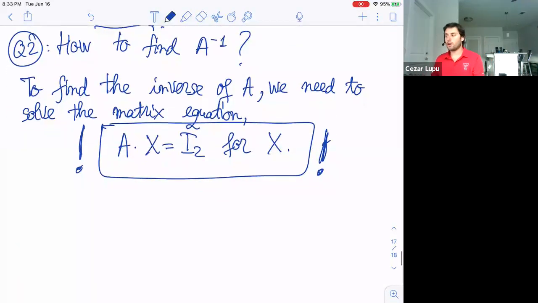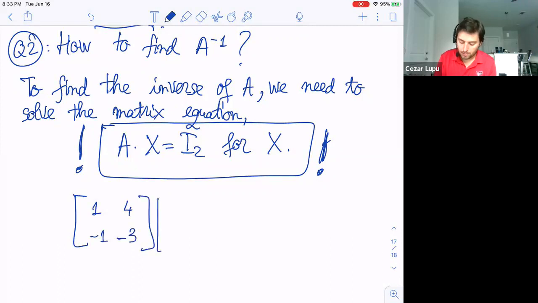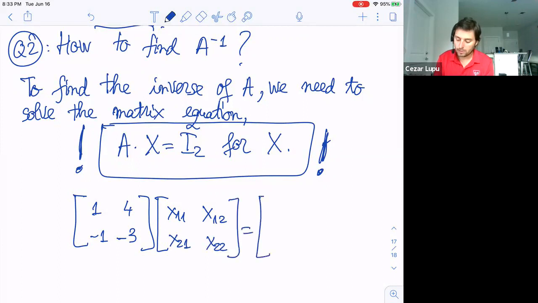So what does this mean? Let's write it. This will be equivalent to writing 1, 4, -1, -3 times X, which will be X11, X12, X21, X22. By the way, these are 2 by 2 matrices. This equals the identity 1, 0, 0, 1.